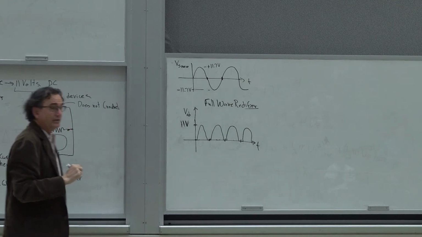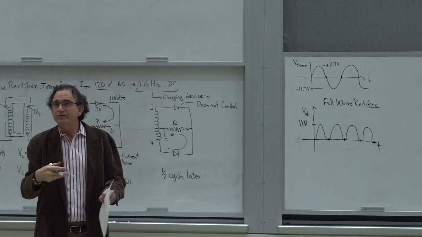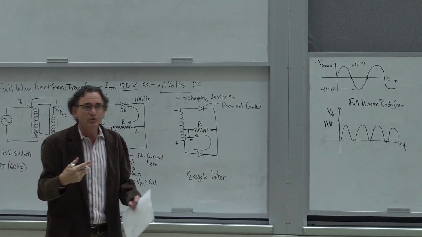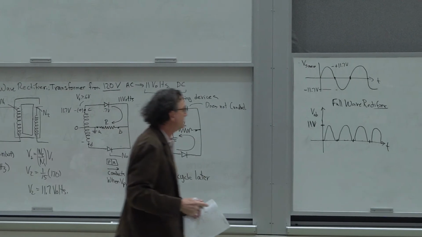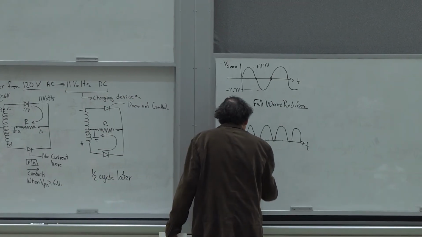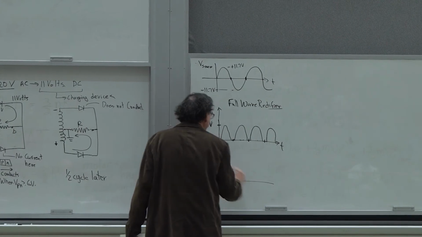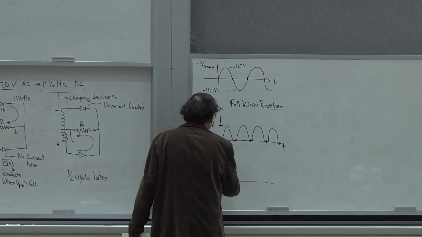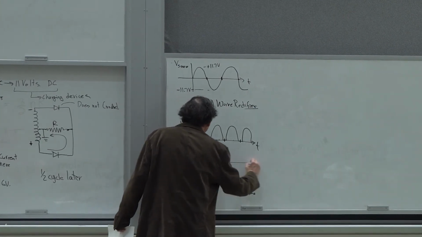Now, still not quite finished yet, because what we really want is to make this a DC. We want to be able to use this for a charging device, so we want the voltage VAB as a function of time to be at a constant value. We'll call it 11 volts.